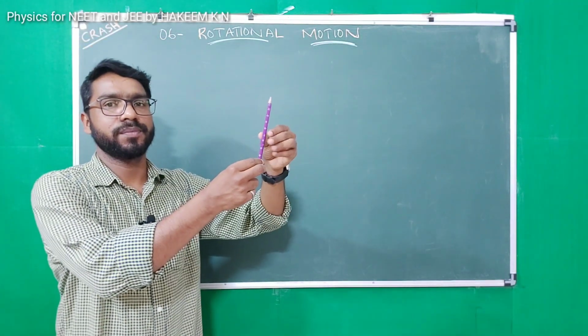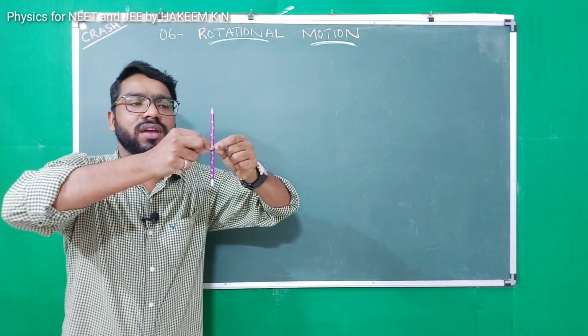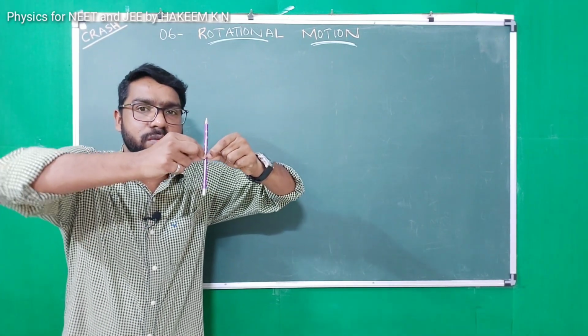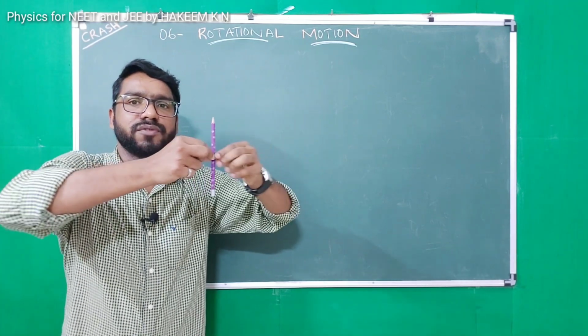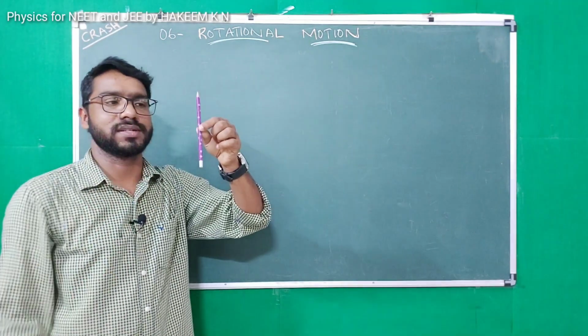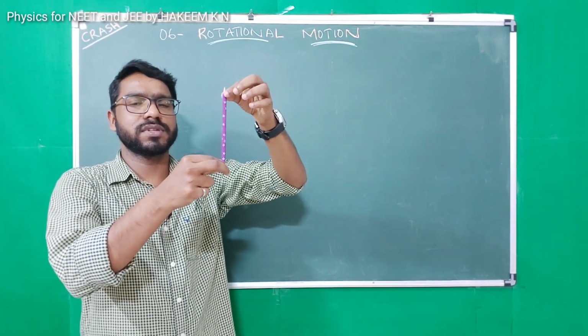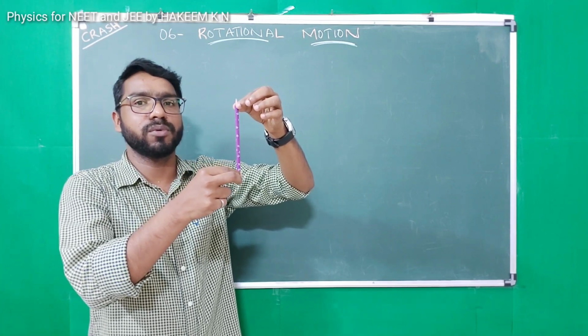If this is the rod, in the first case, equal and opposite forces are acting at the same position in opposite directions. Net force is 0 and net torque is 0. No rotation, no translation. In the second case, equal and opposite forces are acting at two different positions.